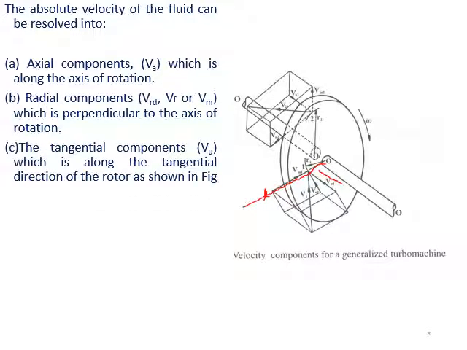The third is the tangential component, that is denoted by Vu, which is along the tangential direction of the rotor as shown in figure. This tangential velocity is tangential to the axis of the rotation.